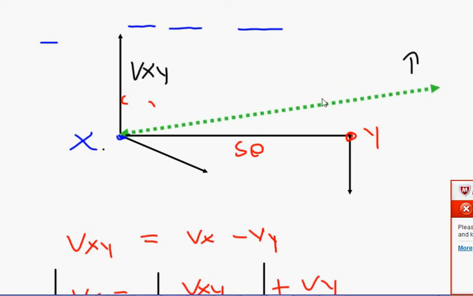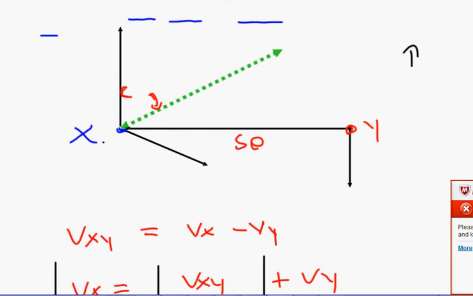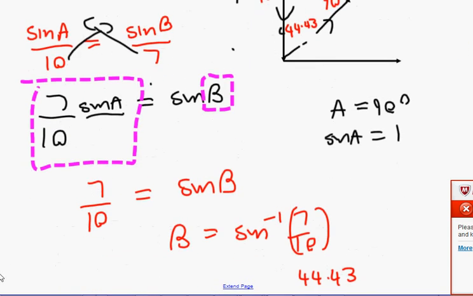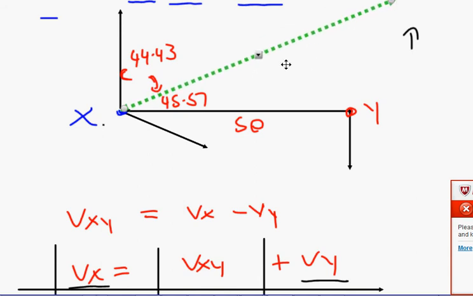And what we know about this is that it's travelling at this angle in here, you gave it to me earlier, it's 44 point, was it? 44.43, which in turn makes this angle here 45.57, and this here travels along until it hits at 90 degrees, which is going to be this part here.